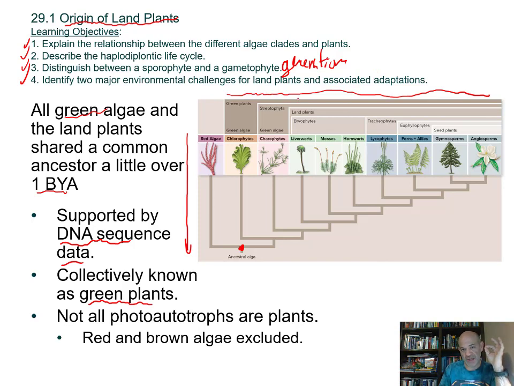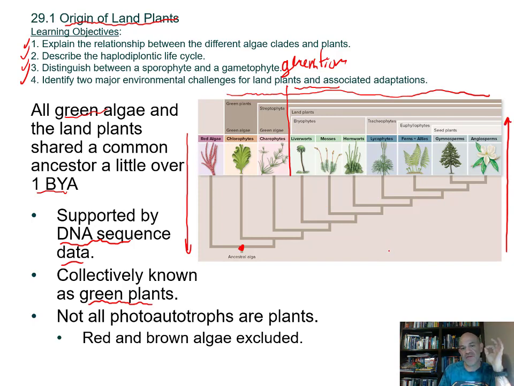And then we don't get into land plants till we get about right here with the liverworts. And then we move on to the right. And keep in mind, we're going up this cladogram here. That means we're progressing forward in time until we find these common ancestors.